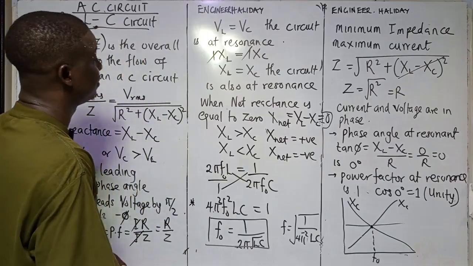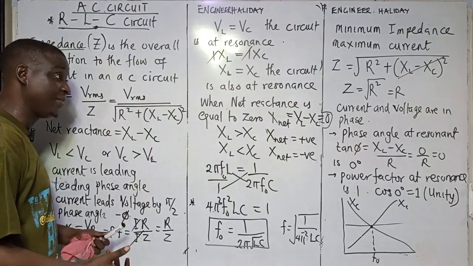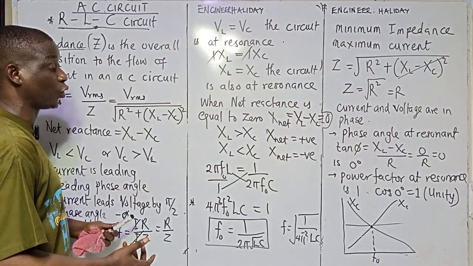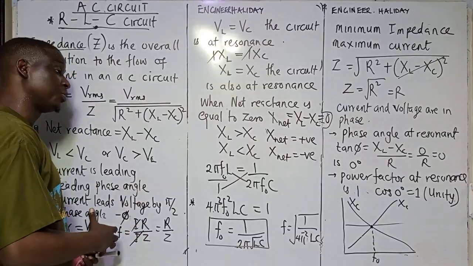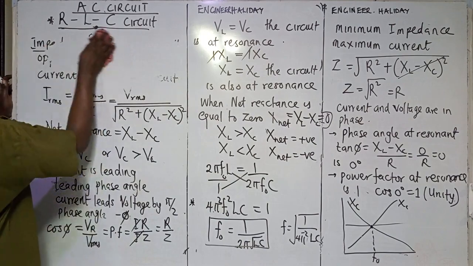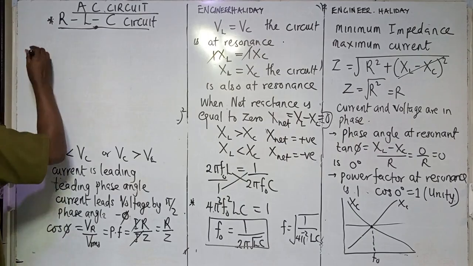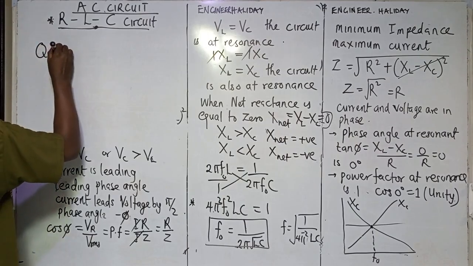Take note of that. And don't forget the relationship between frequency and inductive reactance, and the relationship between frequency and capacitive reactance. This will help us to be able to work. Don't also forget, let me quickly chip this in, there's what we call the quality factor.